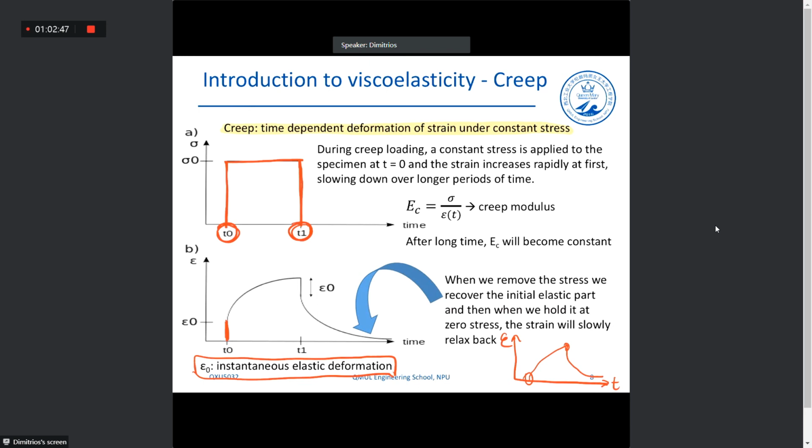Usually it is very small. Okay, so initially we have the instantaneous elastic deformation, then we have an increase of the strain for a constant stress. Okay, and then we have the recovery part after T1. So this is the creep part, and this is the recovery part, or relaxation, let's say.